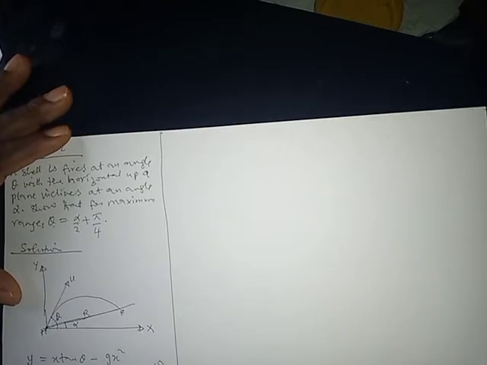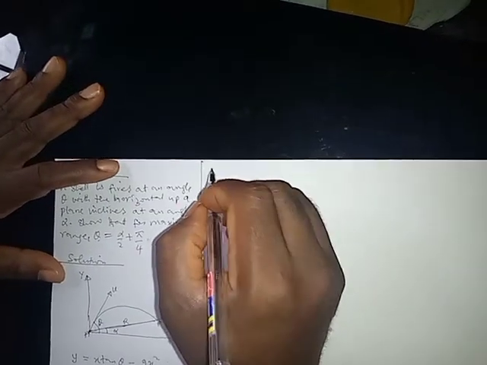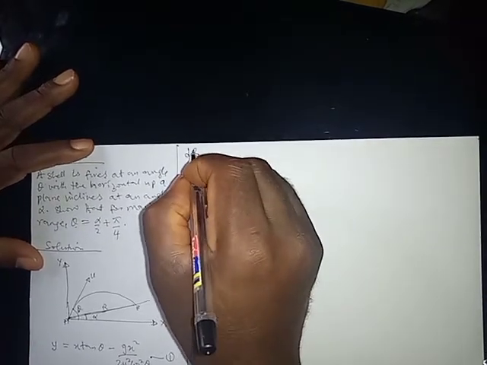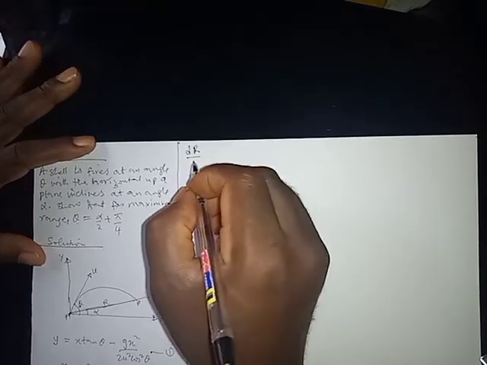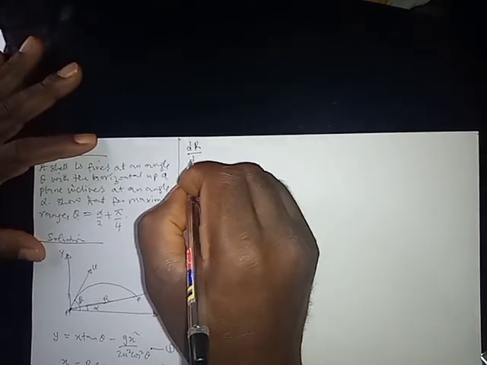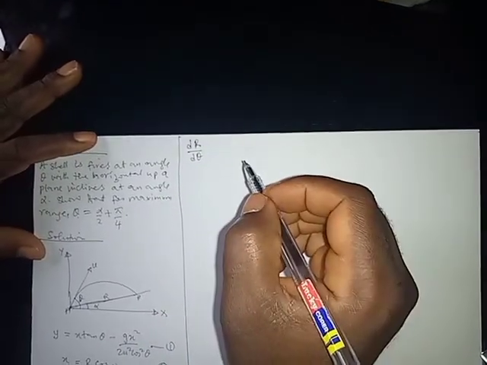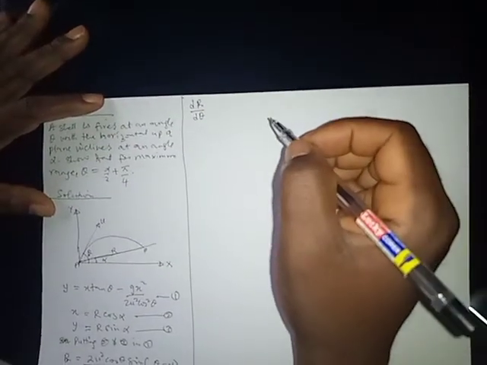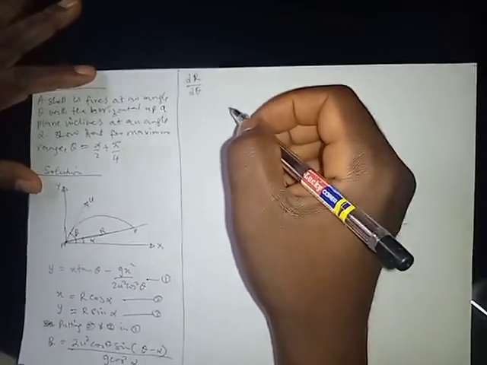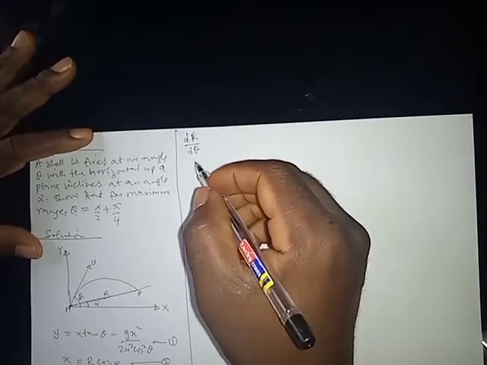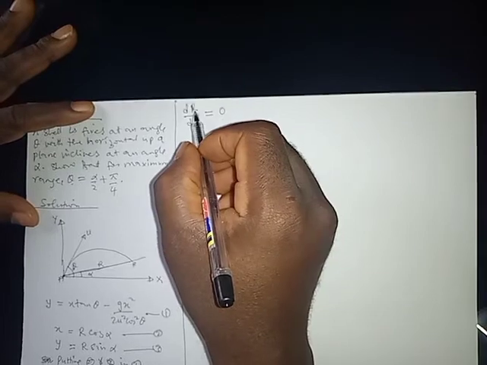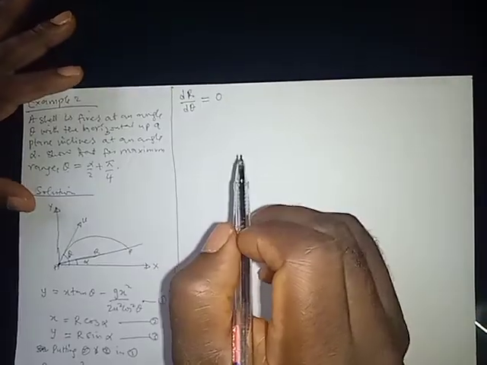When do we have maximum range? Maximum range is obtained when that range does not vary any longer with theta, with the angle of projection. So when the range is not changing again with theta, then we say we have maximum range, and the implication is dR/dtheta equals 0.